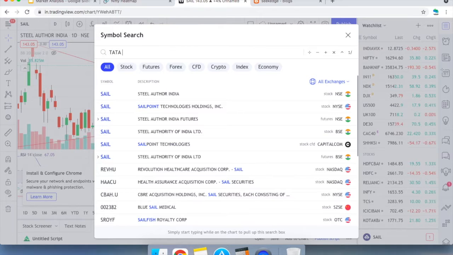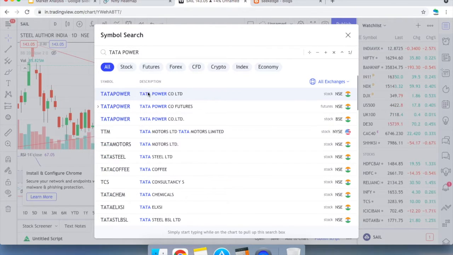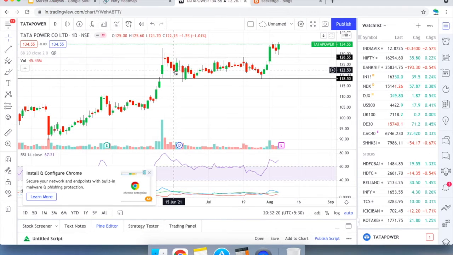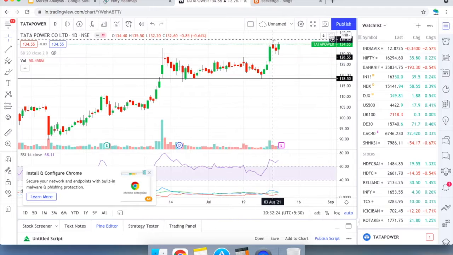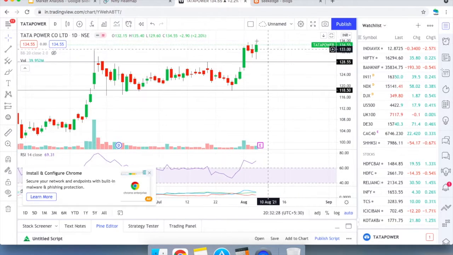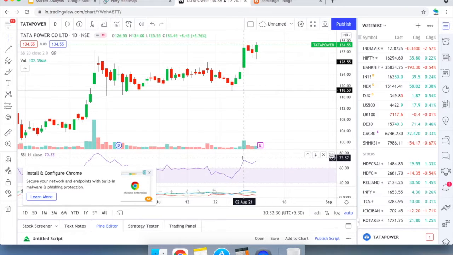Tata Power is playing the electric vehicle investing theme. So it's very good stuff. It's a W pattern, right? And a breakout has happened, and there's a green bullish candle, right?